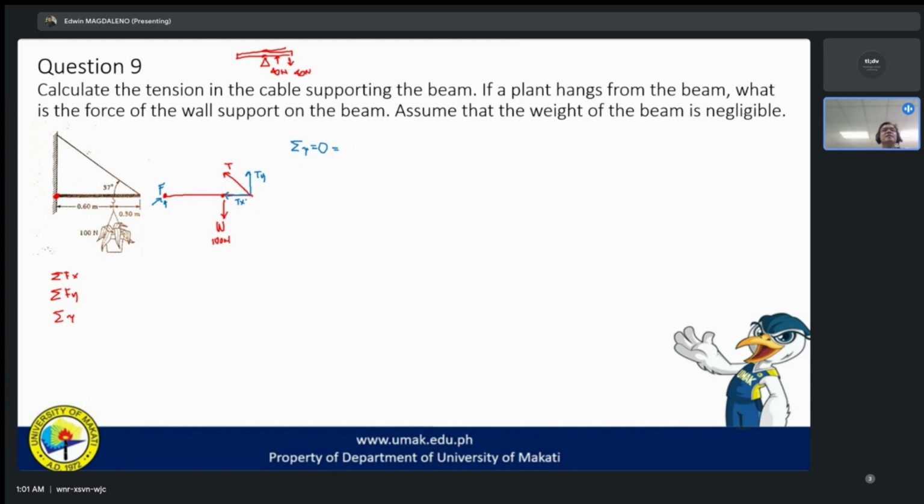Okay, so this means this is perpendicular to the fulcrum, perpendicular distance from the fulcrum. So we have weight times the distance from the fulcrum. So in this case, this is 0.6 meters. So that is distance 0.6 meters.